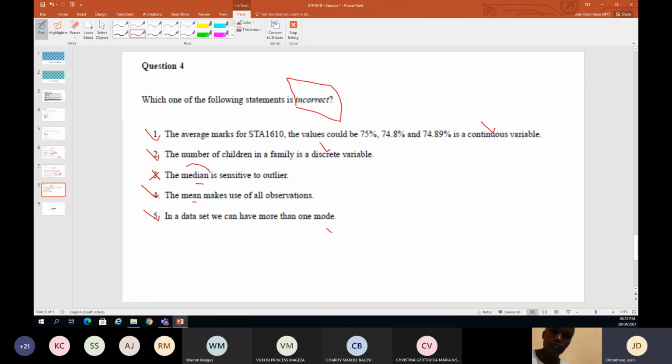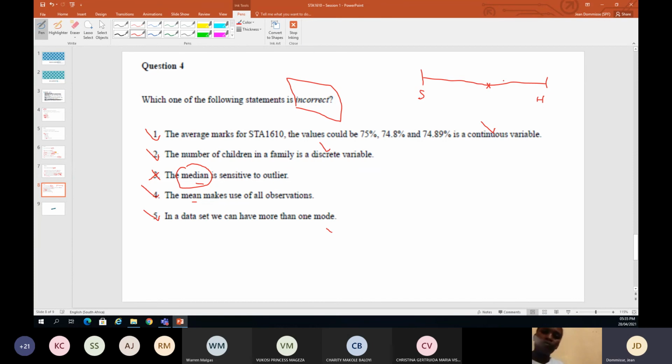When we get to chapter 3, if you order your numbers from the smallest to the highest number, the median will be in the middle.